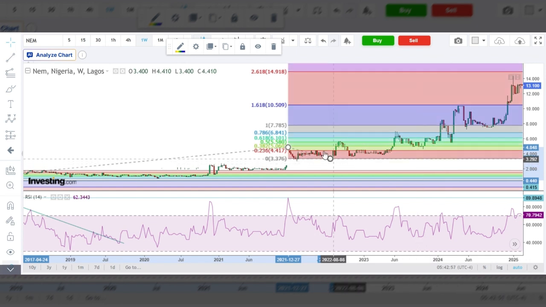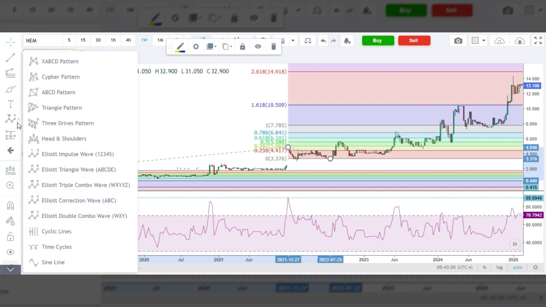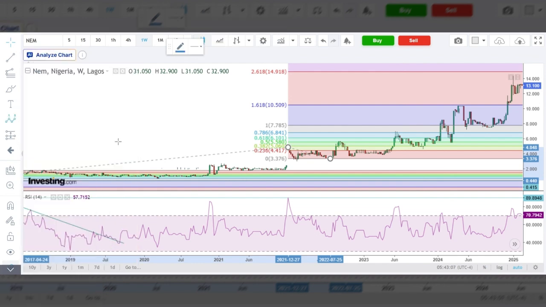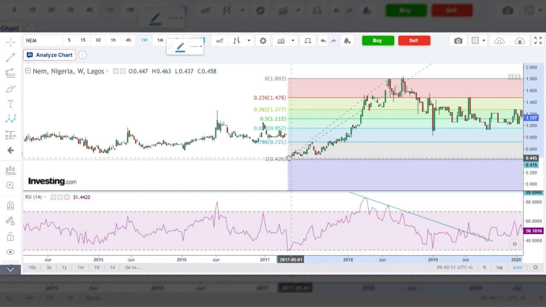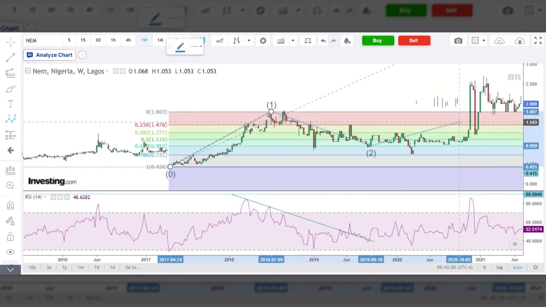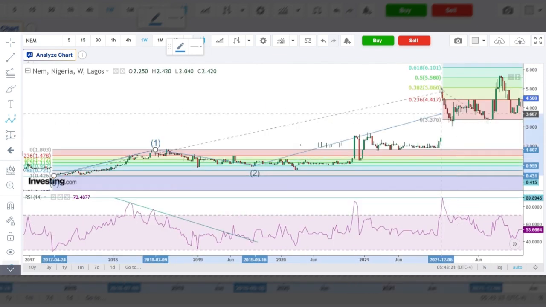Okay, so let me draw the Elliott wave now. All right, so we start from one. This is one. Remember, this is our two using the Fibonacci retracement. Then our three is here, corresponding with RSI higher high.